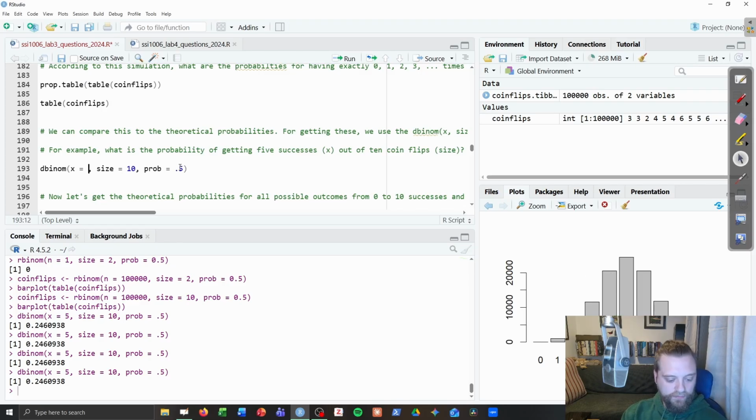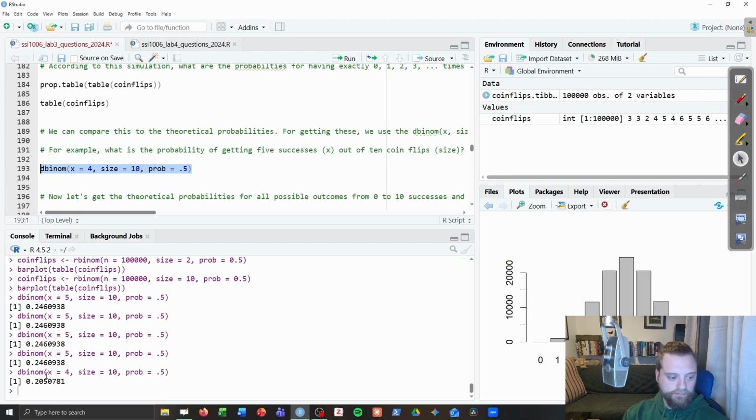So let's have a look at 4. There we go, about 1/5 rather. So what does that translate to for 100,000 flips? Well, about 20,000. So really what we're doing is just directly returning the probability of these outcomes, rather than having to generate data in order to see this.